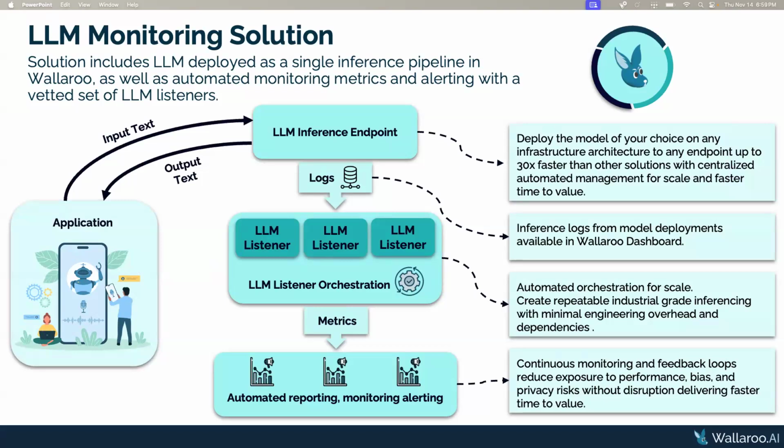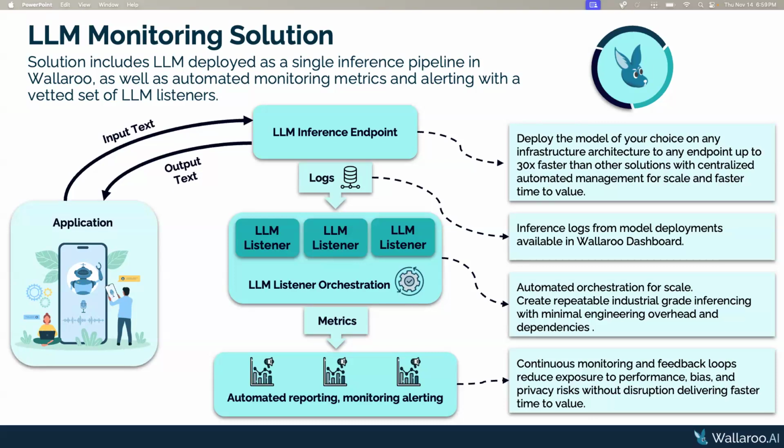And so with Wallaroo, we encourage two different kinds of monitoring and using those metrics. One is what we call the passive listener model, which is what you see here. Traffic will come through your inference endpoint and generate logs, and then you have an army of these listeners, each one corresponding probably to one metric or a couple of related metrics, that are evaluated and tracked. So you can see things like sharp departures in those metrics as it sees real world data.